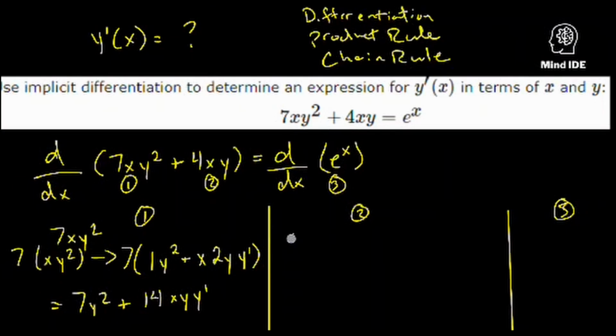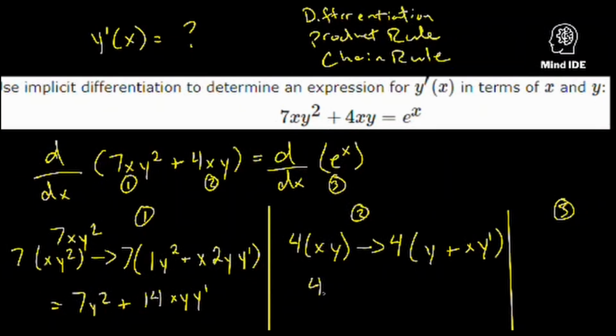The second part, we can go 4xy, pulling that 4 out, and we do the exact same thing we just did. So we do the derivative of x, which is 1. So I'm not even going to write it. I'm just going to write y plus x times the derivative of y, which is 1, and we have to multiply that by y prime again.